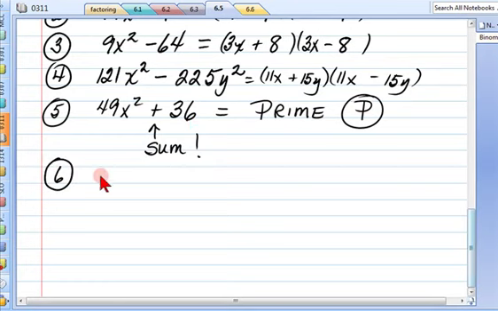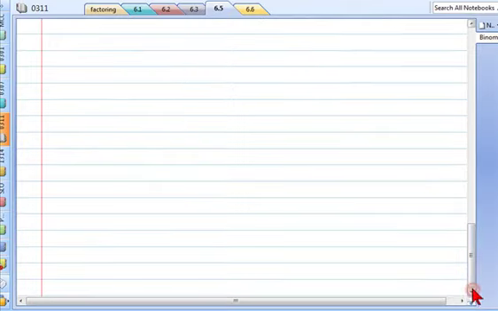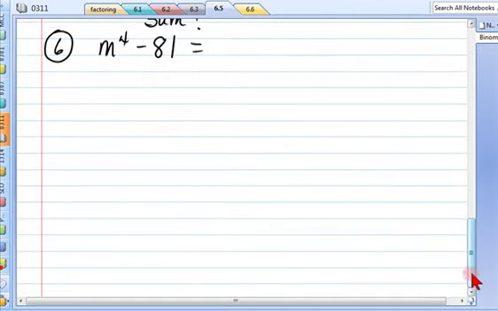Problem 6 asks you to take things just a little bit further. You've got m to the fourth minus 81. This is a difference, so that's good. Is m to the fourth a perfect square?